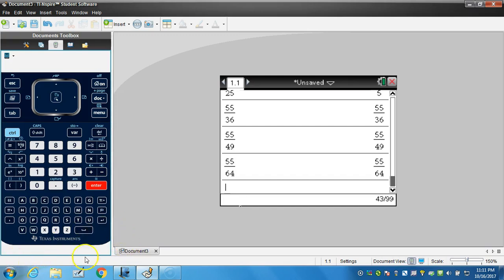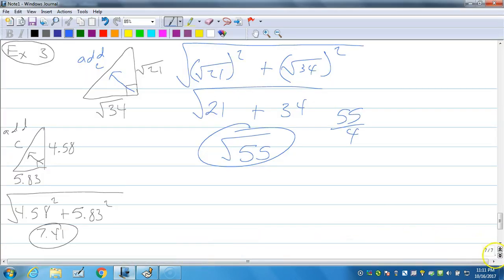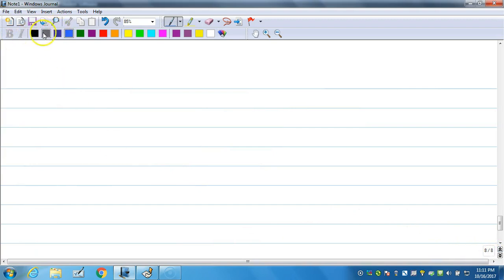One more example before we go on to the next part. Here we go. 37, 16, this is x.